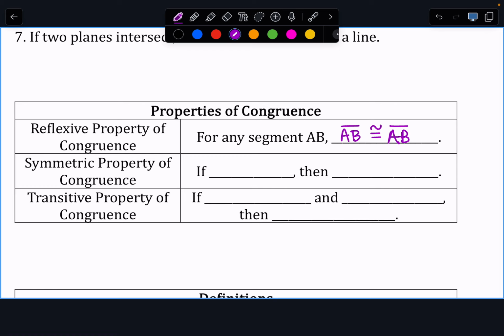All right. Symmetric property of congruence. If AB is congruent to CD, then CD is congruent to AB.